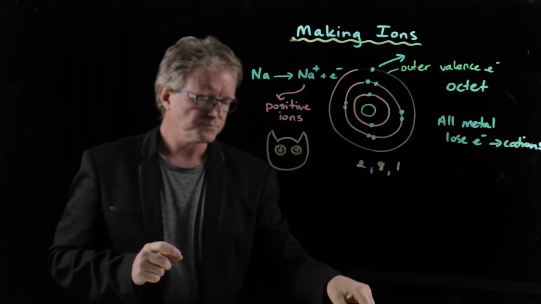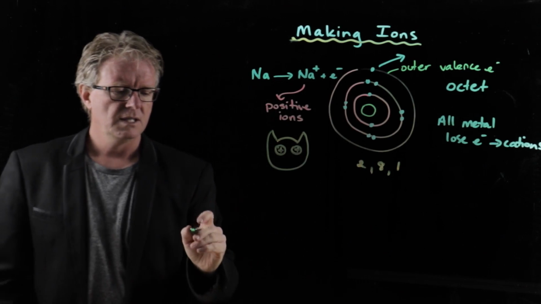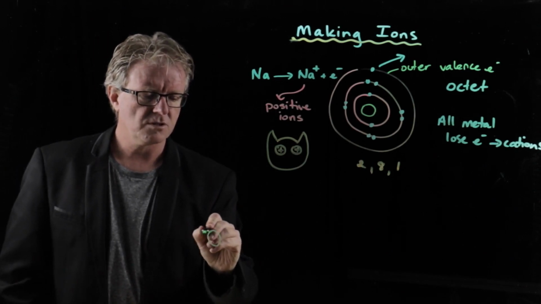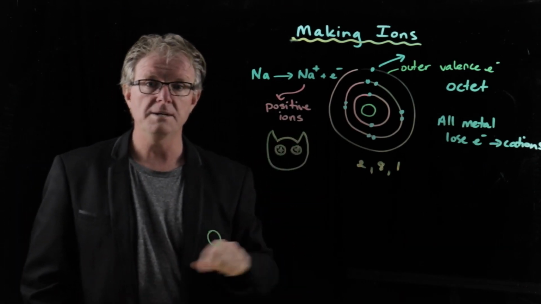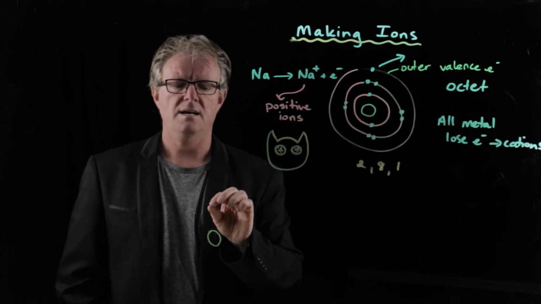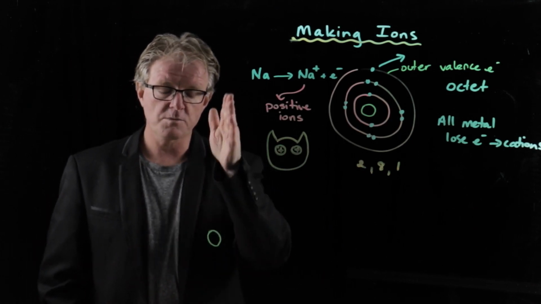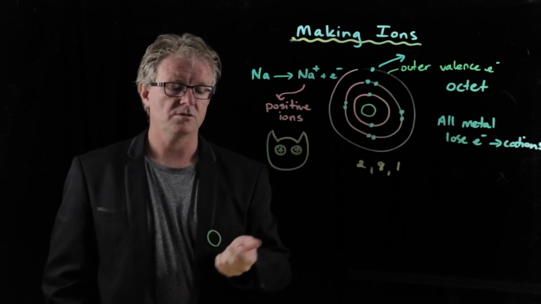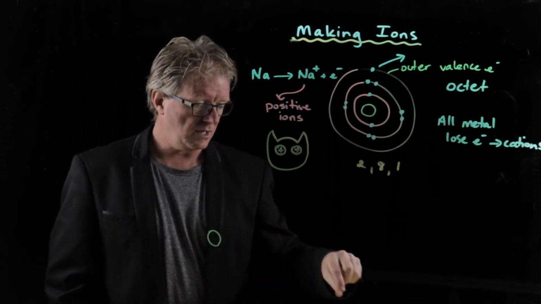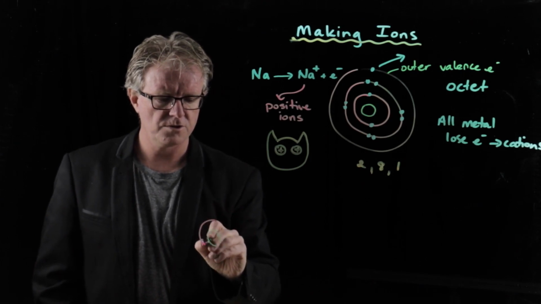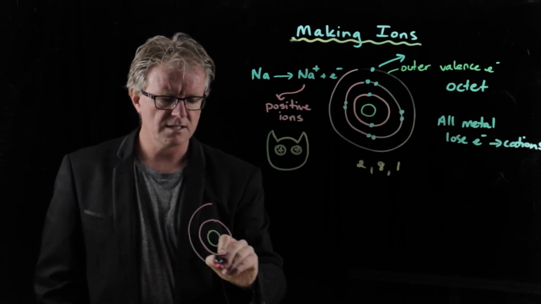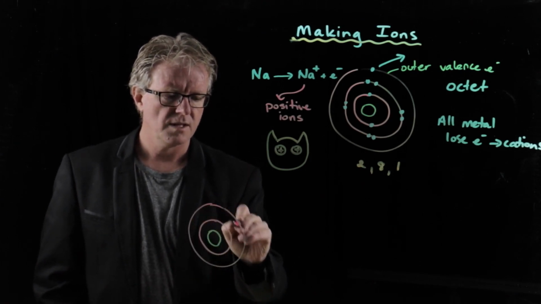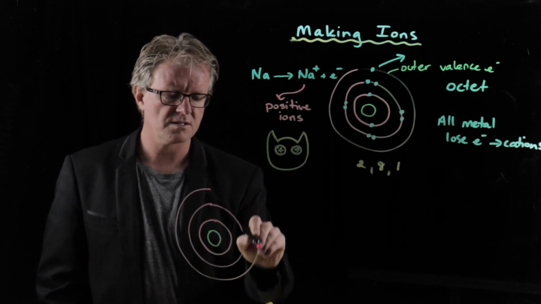Let's look at nonmetals now. So if I was to look at nonmetal, the famous nonmetal that we use with sodium is chlorine. So chlorine, it's in group 7, and it has 17 protons and 17 electrons. So let's just do those. So we have the first 2, the next 8, and then we have 7 on the outside, right?